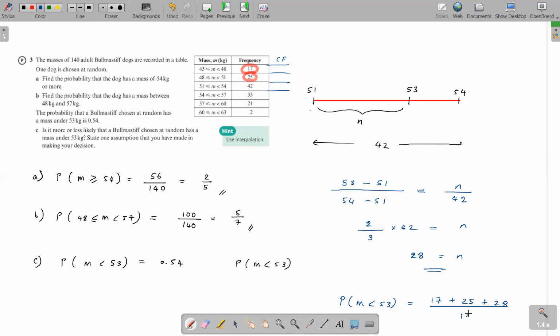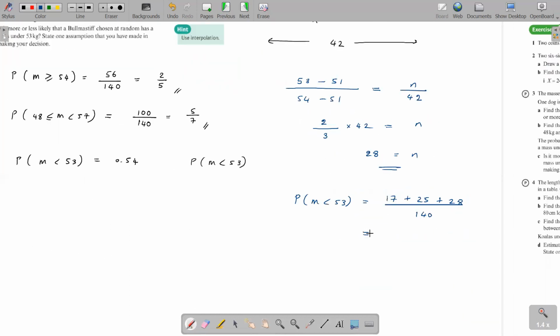How much is it? 70 out of 140, which is half, 0.5. So the probability from our table is 0.5.